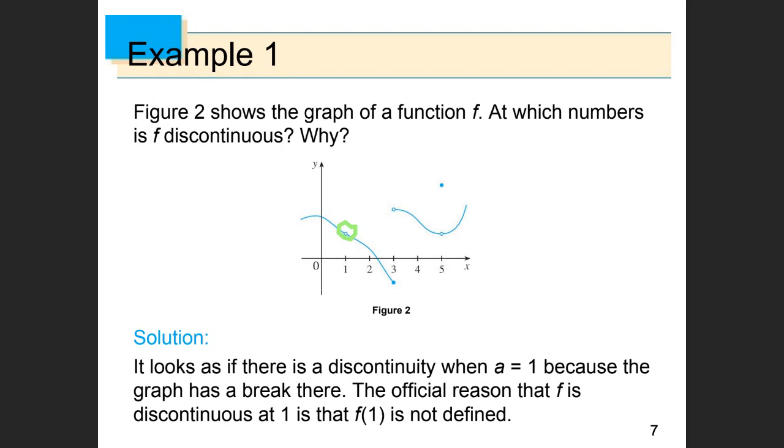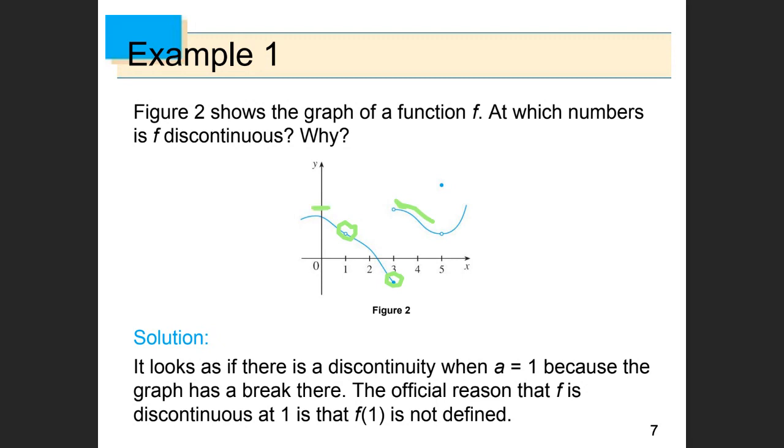Let's look at another number of interest. Let's look at 3. At 3, f of 3 exists. It's defined. You can see there's a solid dot here. This solid dot means f of 3 exists or is defined. But the challenge is that the limit as x approaches 3 does not exist. Why? Because when you are approaching 3 from the right, look there, you have some value up there.